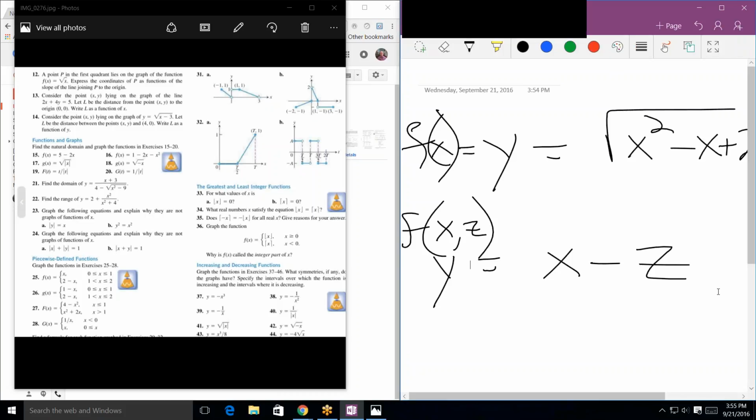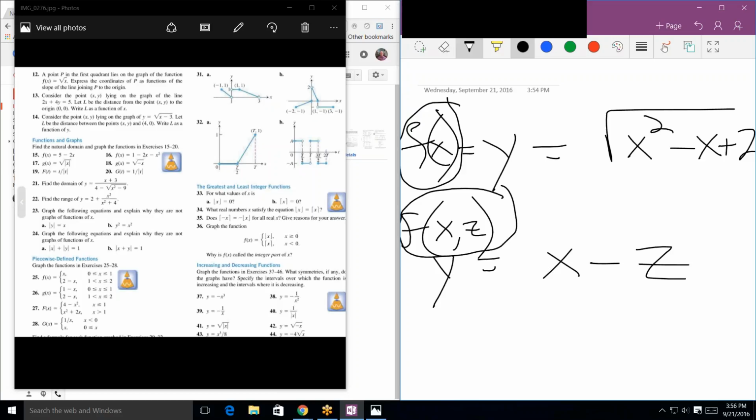Okay. But that's what this kind of notation means. The reason we use f of x instead of y is because it's more specific. It tells us what variable we're going to find on the other side of the equation. We're going to find nothing but x's. And if I have two variables on the other side of the equation, then it's a function of both variables.